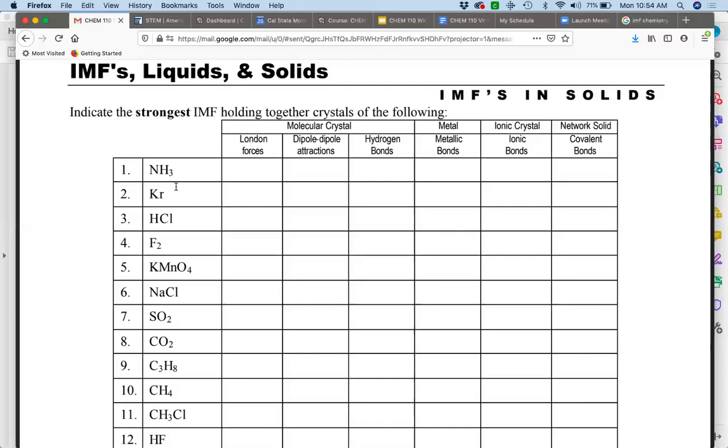What about for krypton? What would we say for that? What do you think? Go ahead and put your answer in the chat for what you think the intermolecular forces would be for krypton.